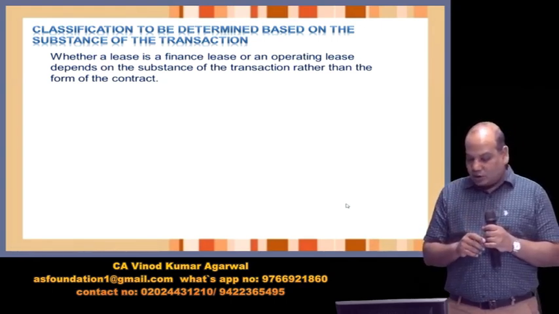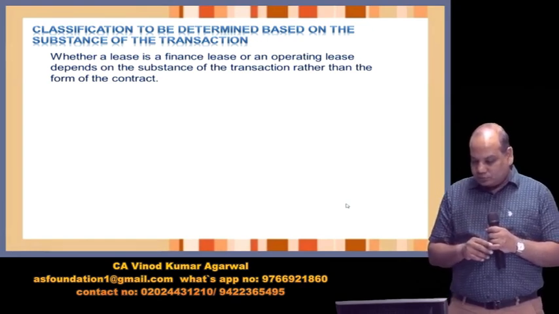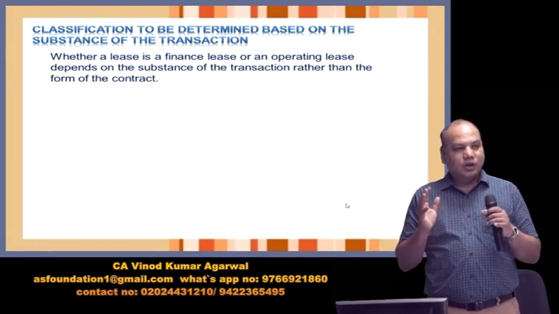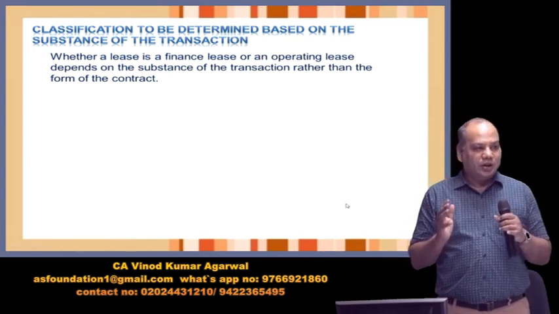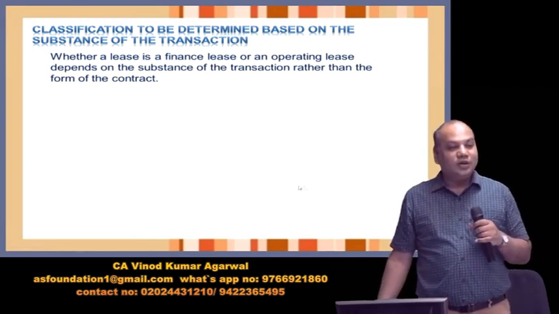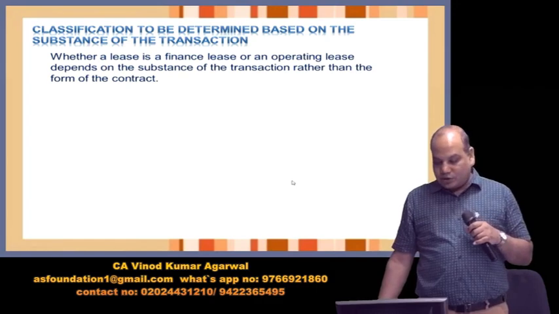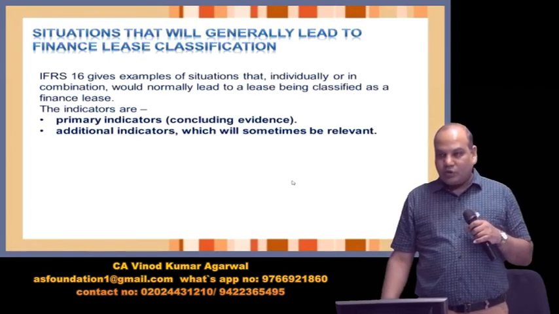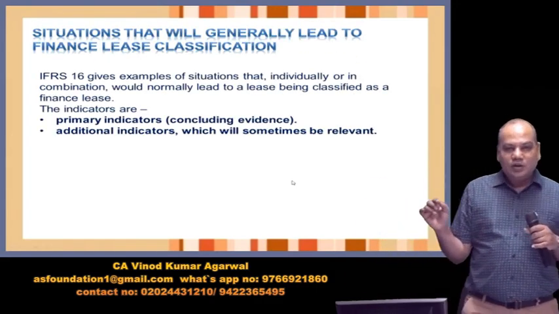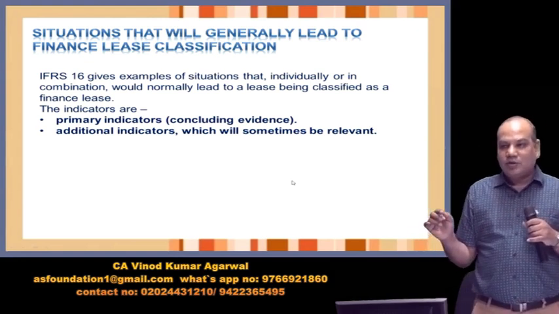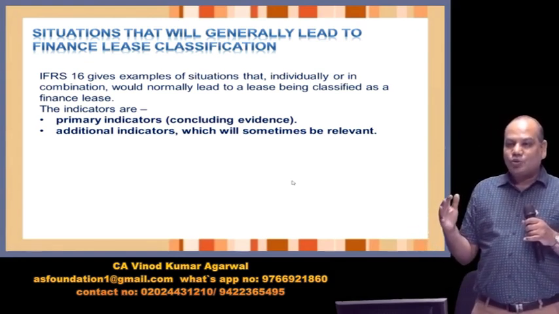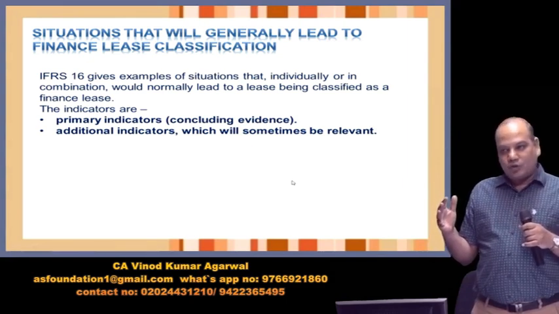In addition to that, they have given you 5 concluding indicators and 3 additional indicators. The standard emphasizes that while deciding whether a lease is a finance lease or operating lease, apply the substance over form criteria. Okay.